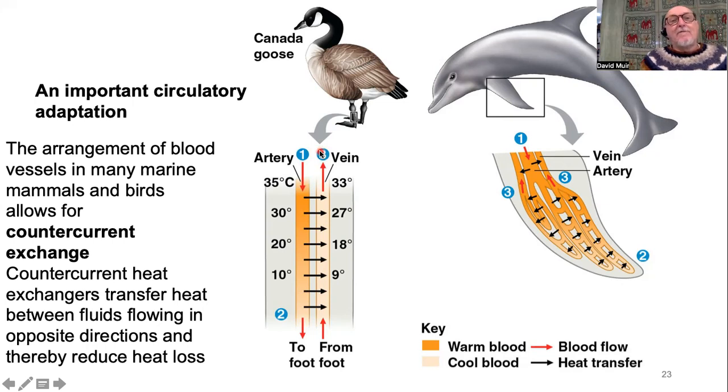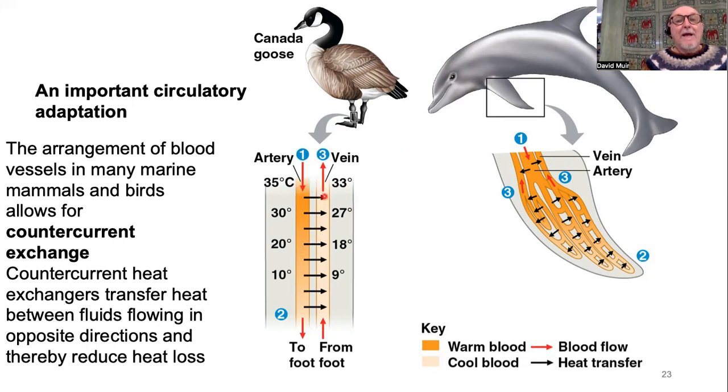It's actually a very, very efficient system. And by the time the blood reaches the core, it is not that much cooler than the blood which is just leaving the core. It's important, though, to note that it is a little bit lower, because that is what maintains this heat flow across.